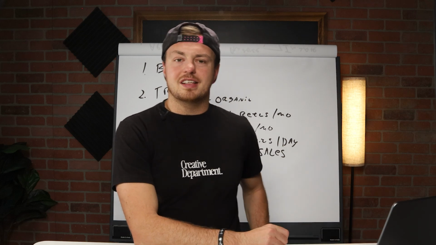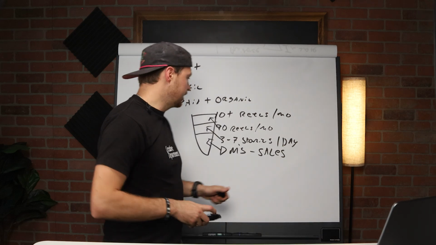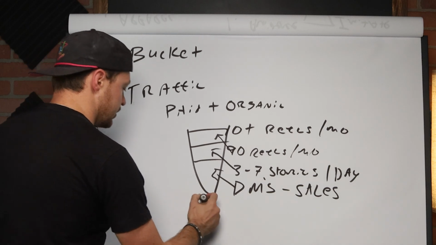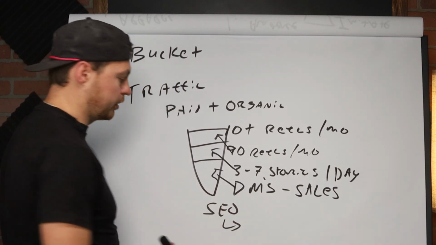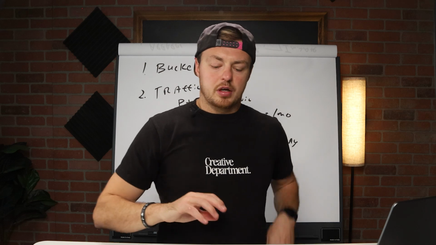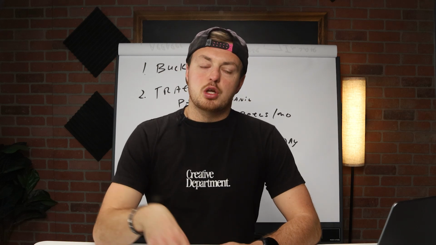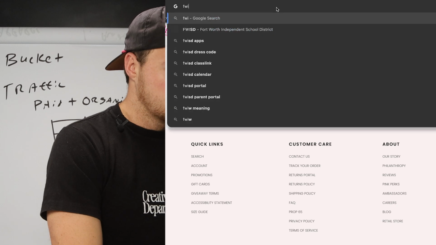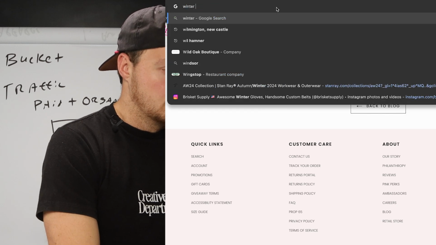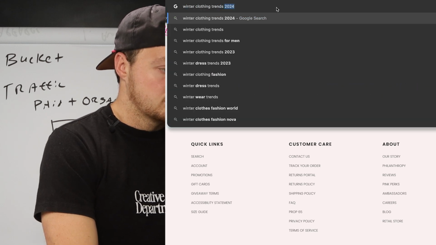You've got to do what's called the Skyscraper Technique, okay? So I'm going to go a little bit farther here and put SEO. We're going to call this the Skyscraper Technique. So what would you do if you needed to rank for something? You would take the thing that is being searched for, let's just say winter clothing trends 2024.